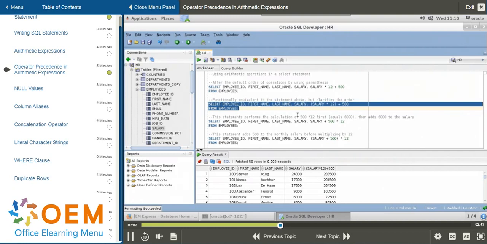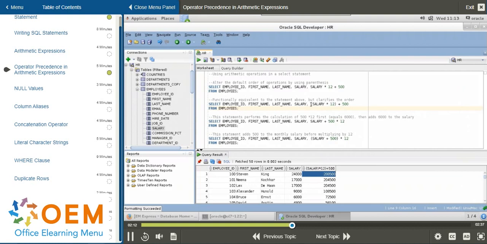The default order of operations is to multiply first, then to add. So in fact, I do see 288,500. But you really should get in the habit of using the parentheses to ensure that that operation is being performed first. Okay?